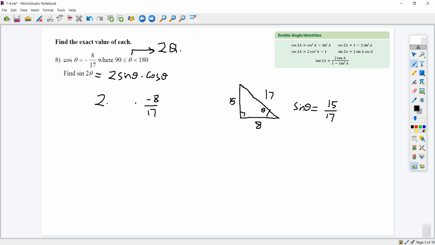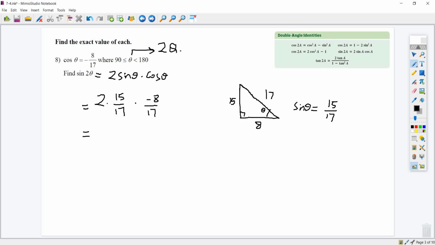Positive or negative? Since it's the second quadrant, sine is positive, so the answer will be positive 15 over 17. So just copy the 15 over 17 here. That's going to be our final answer: 2 times 15 over 17 times negative 8 over 17.